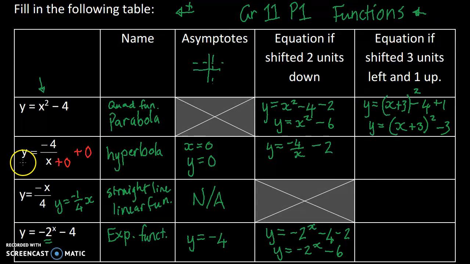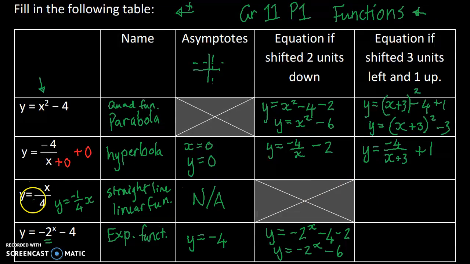We do exactly the same thing for the next one. It started off as y is equals to -4 over x, but now we are shifting 3 units left, which means we are adding 3, and we're going 1 up, so it was at 0, and it's now at 1.